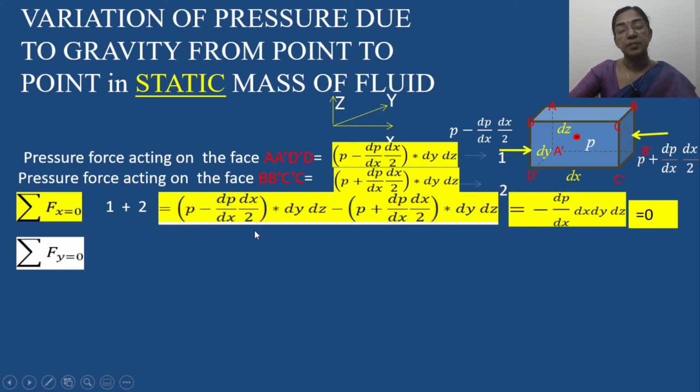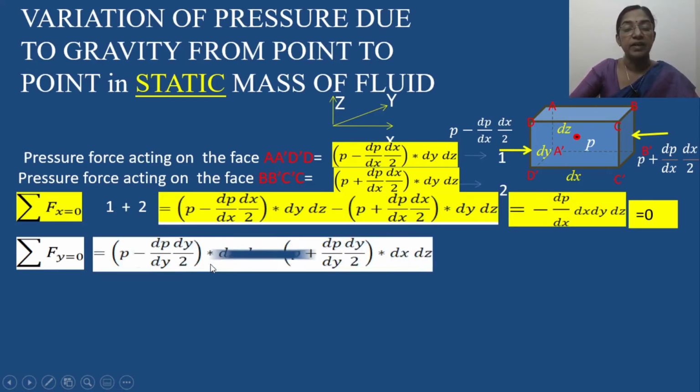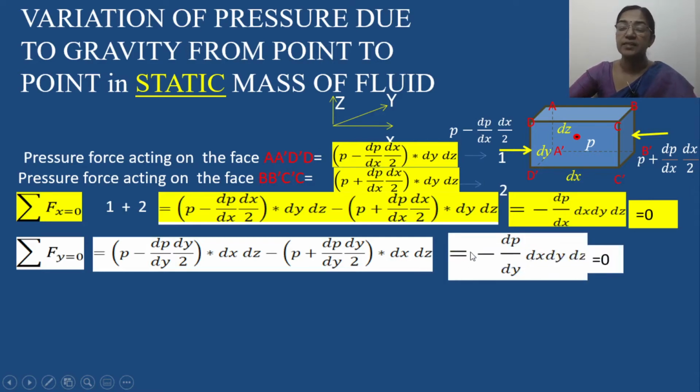So if you express the equation in y direction, we get P minus dP by dy into dy by 2, that is the intensity of the pressure, and it is acting on the face dx into dz. Opposite to that, the pressure force acting is P plus dP by dy into dy by 2 into dx dz. Again simplifying, you will get minus dP by dy into dx dy dz equals 0.